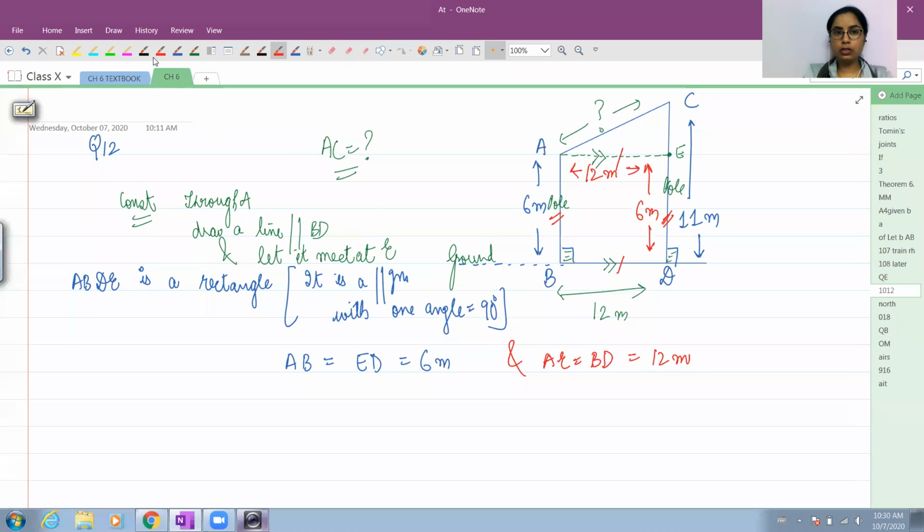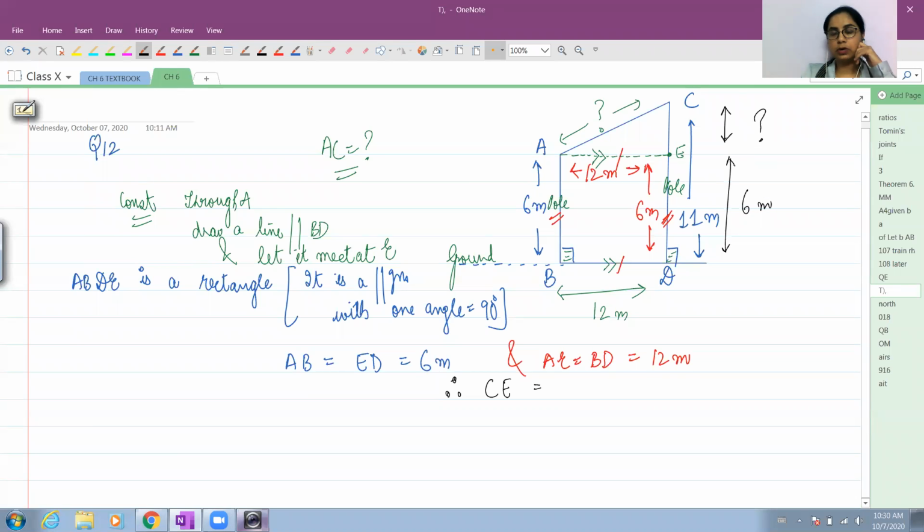Now, based on this, can we find out what will be the length of line segment CE? The total height of the second pole is 11. Till this point, the distance is 6 meters.